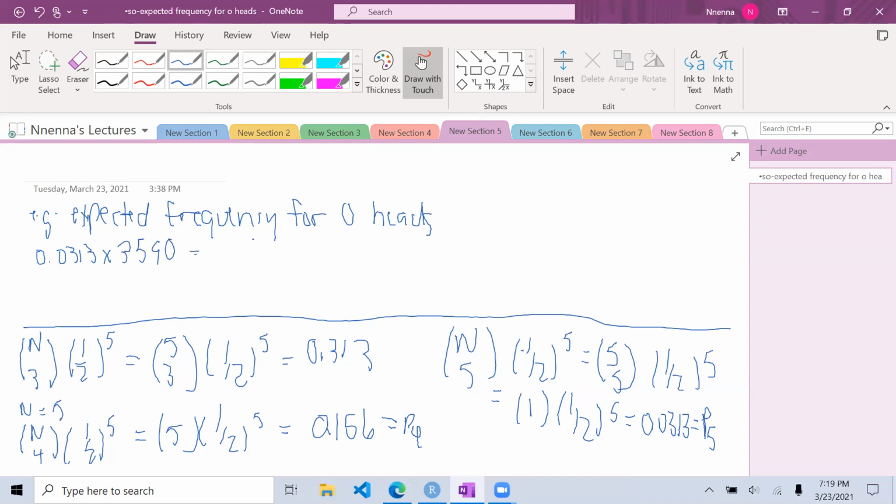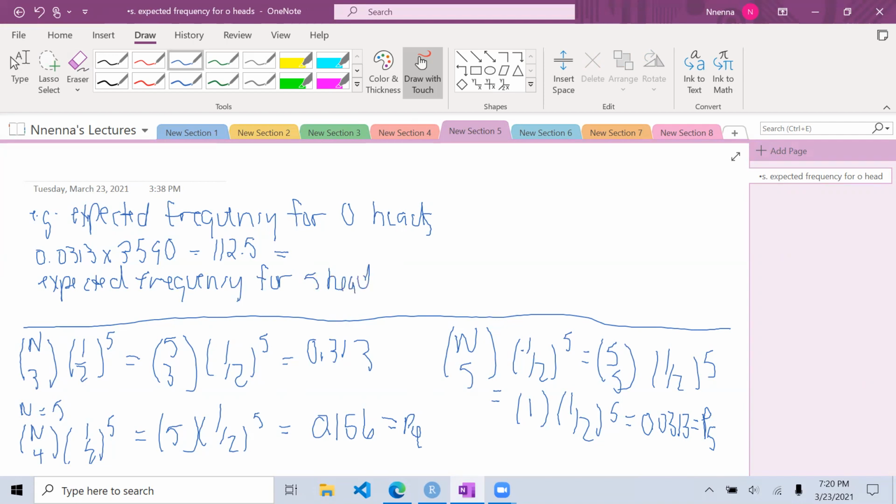What we actually obtain here is something like 112.5. It should be 112.5. And this is equal to the expected frequency for 5 heads, because they should be the lowest outcome, since it's pretty unlikely to get all tails or all heads.